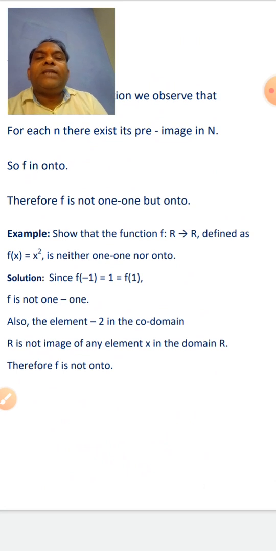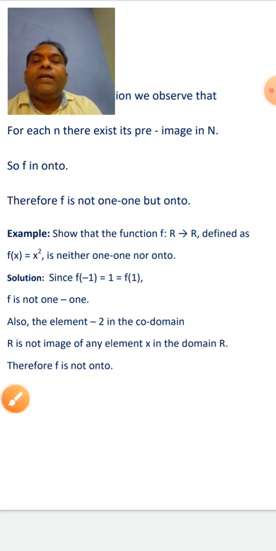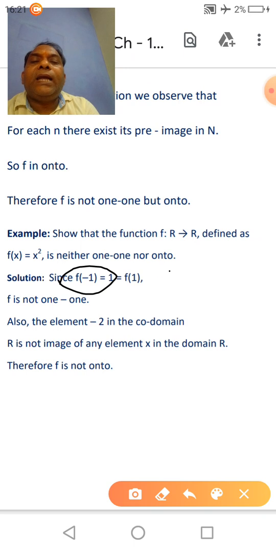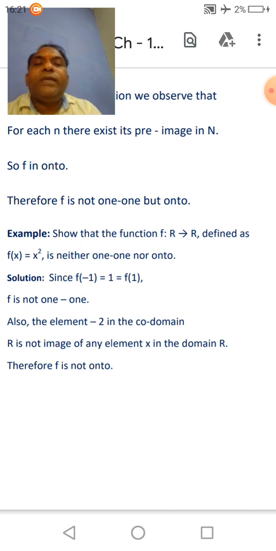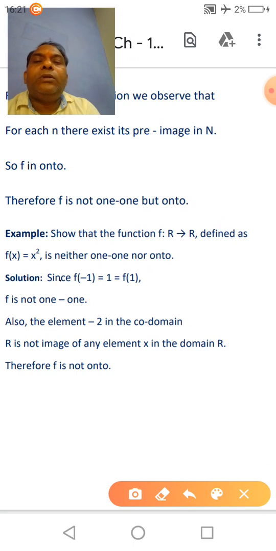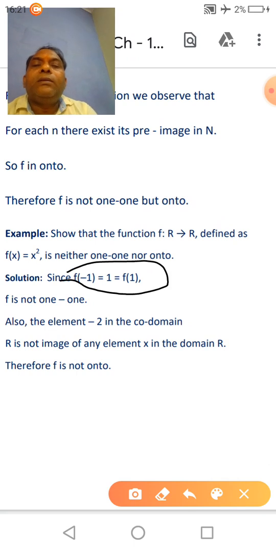Show that the function f: R to R defined as f(x) is equal to x square is neither 1-1 nor onto. So solution: minus 1 is a real number, so f(minus 1) is equal to 1 and f(1) also is equal to 1. So we can say that f(minus 1) and f(1) both are equal to 1, because f(minus 1) is equal to f(1), but minus 1 is not equal to 1.